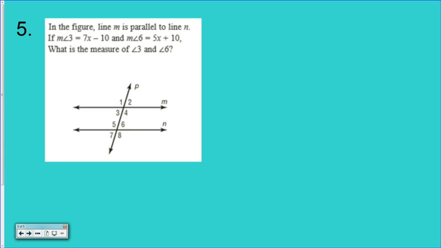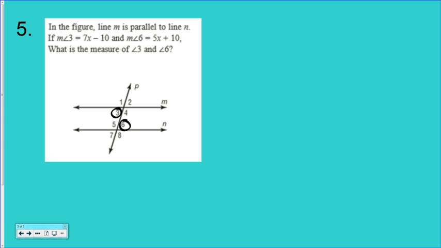So the first thing you need to decide, angle 3 and angle 6. What type of angles are they? Okay, they are alternate interior angles, which you need to decide, are they congruent to each other or are they supplementary? Okay, are they the same? Or are they two lines that add together to make 180 degrees?